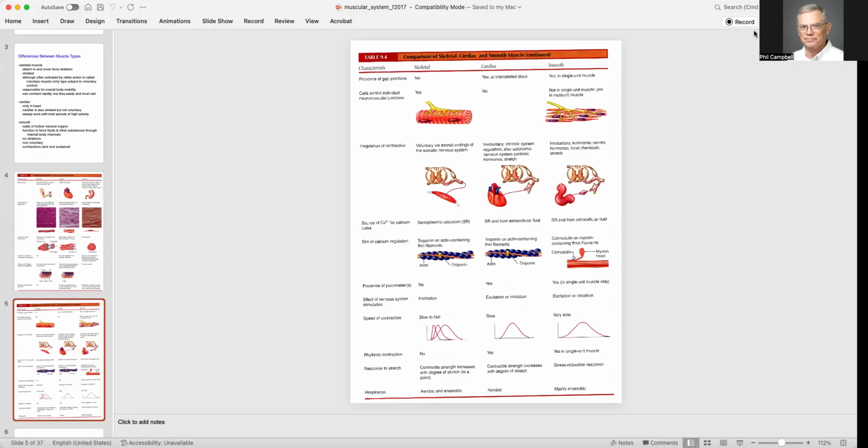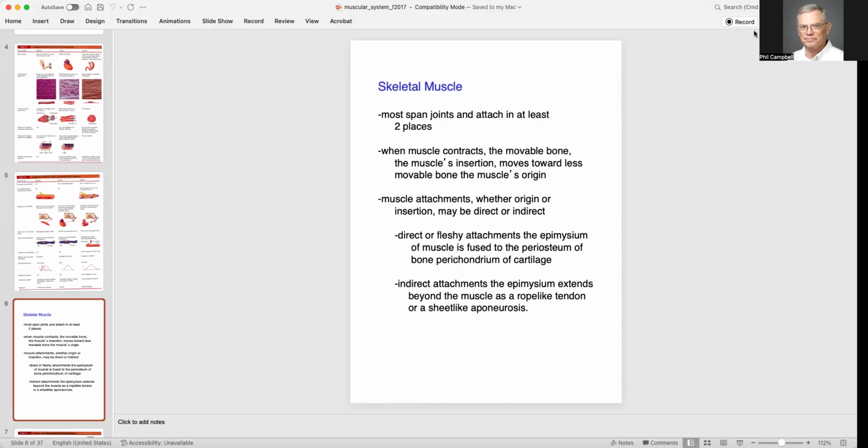But basically, like I said, I want to focus the rest of this series of lectures on skeletal muscle, right? I'll cover cardiac muscle and discussions on smooth muscle down the road, right?